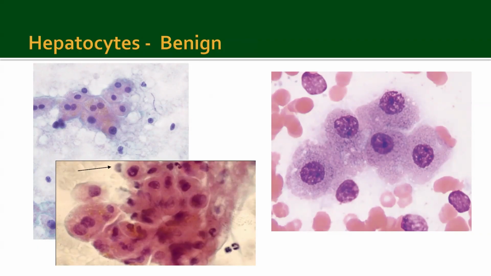They are also sometimes vacuolated, and they have a lot of cytoplasm. The nucleus is centrally located, round and oval. The contours are usually smooth, and they have finely dispersed chromatin. They can be seen single, monolayered, 2D, and there can be other cells admixed within the sample.